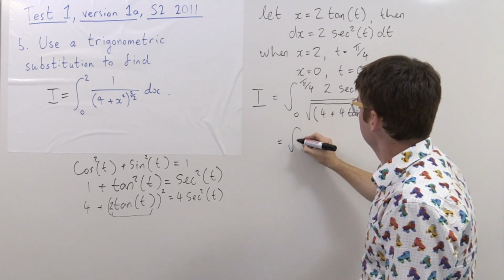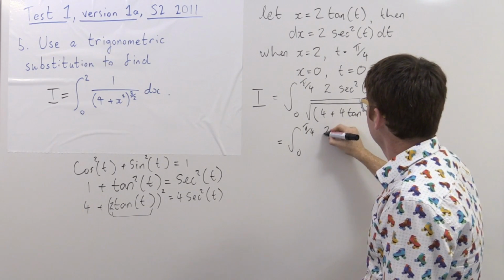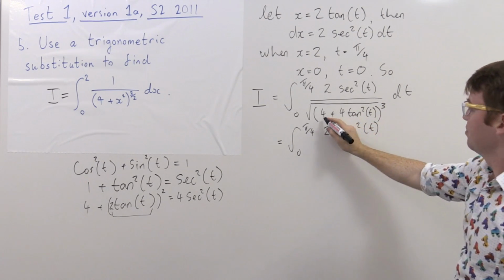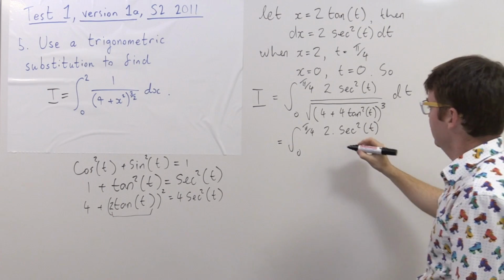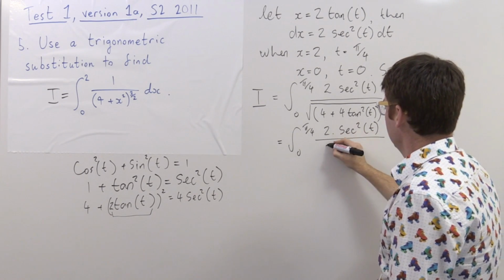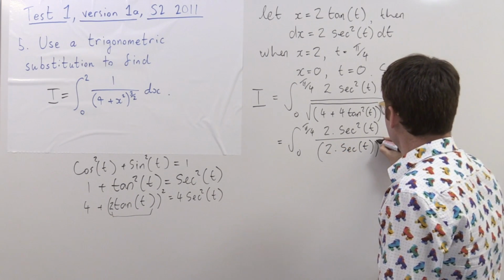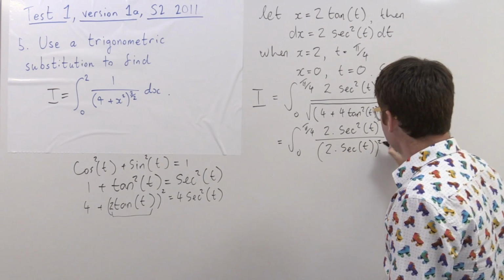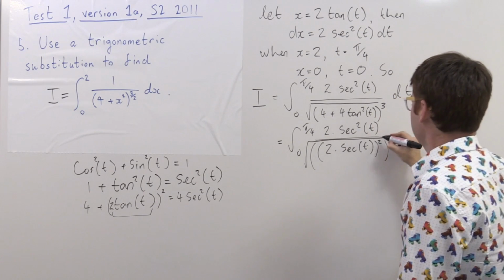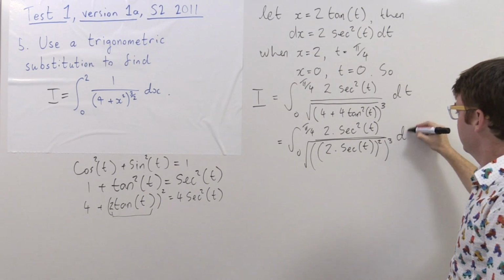So this is 0 to pi on 4, 2 times sec squared of t. This I can simplify to 4 sec squared of t. So that's, maybe I'll write that as 2 times sec of t squared, and then cubed, and then square root of all that. So this is dt.